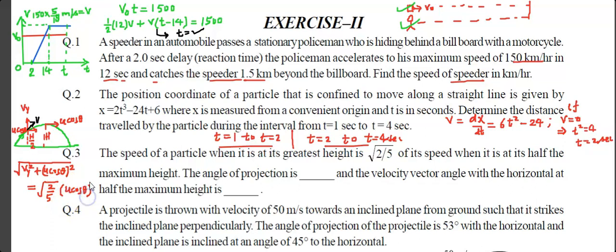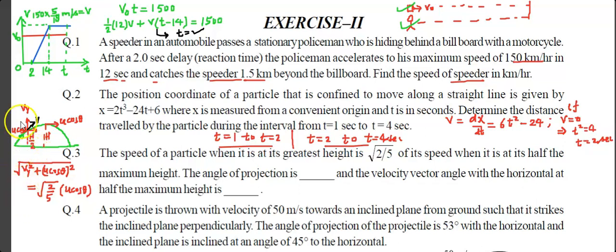Now you can think of what to do to make it simpler. Here u cos theta is the velocity. You need to square both sides so that this square root gets eliminated. Along with this, you need one more equation, which can be found using the other information, that this velocity v is at a height H by 2.